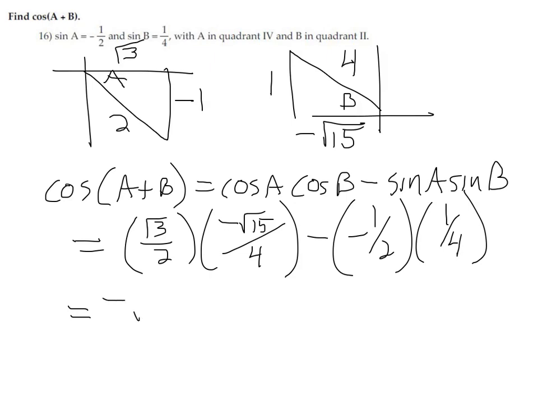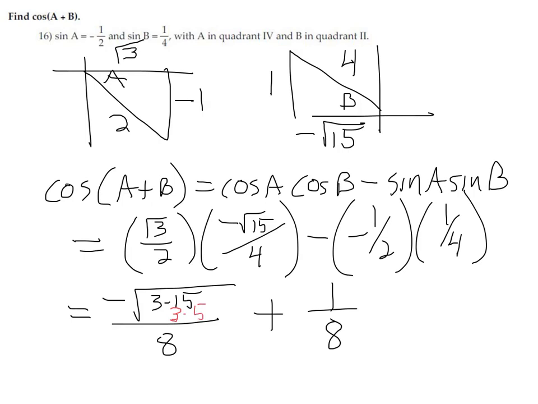All right, our first one, we have negative square root 3 times 15 inside. On the bottom is 8, minus plus 1/8. Notice these two negatives make 8 positive. Inside the 3 times 15, 15 is 3 times 5. So notice we have a pair of 3's, so we can reduce.